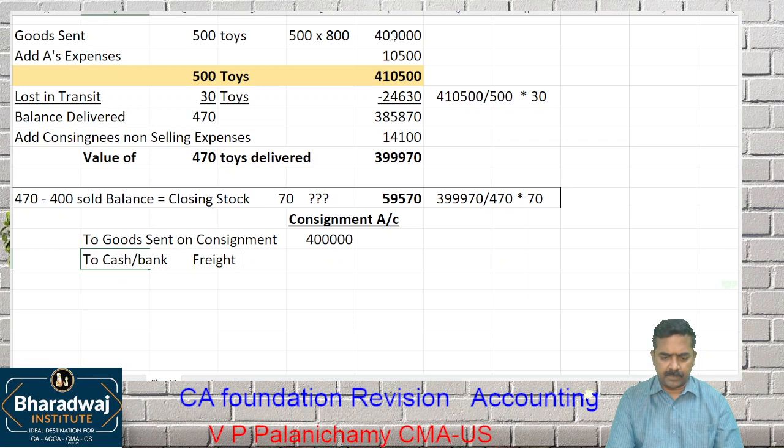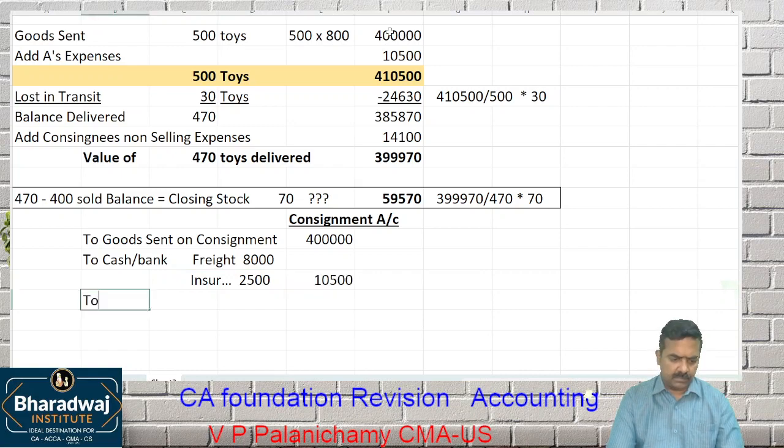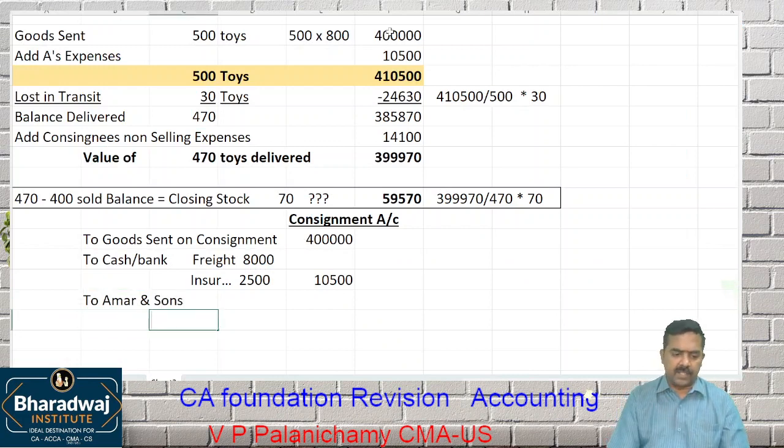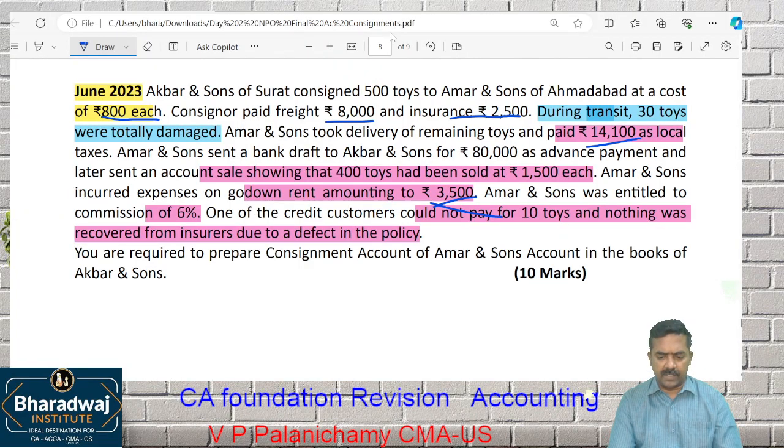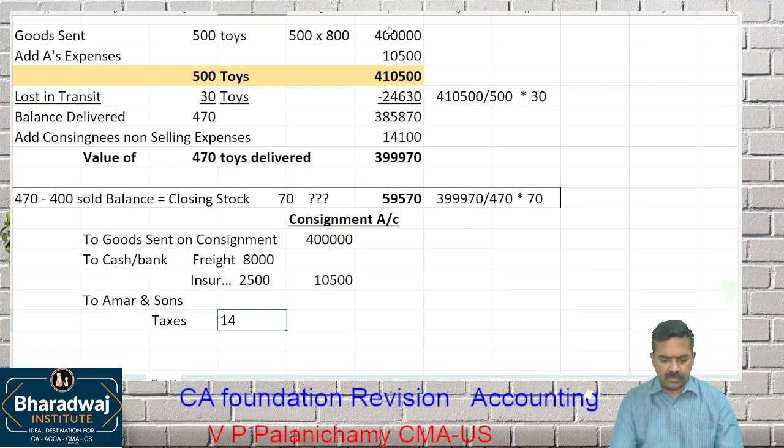Freight, how much? Insurance. What has Amar and Sons spent? How much local taxes have they paid? 14,100. What else have they paid?